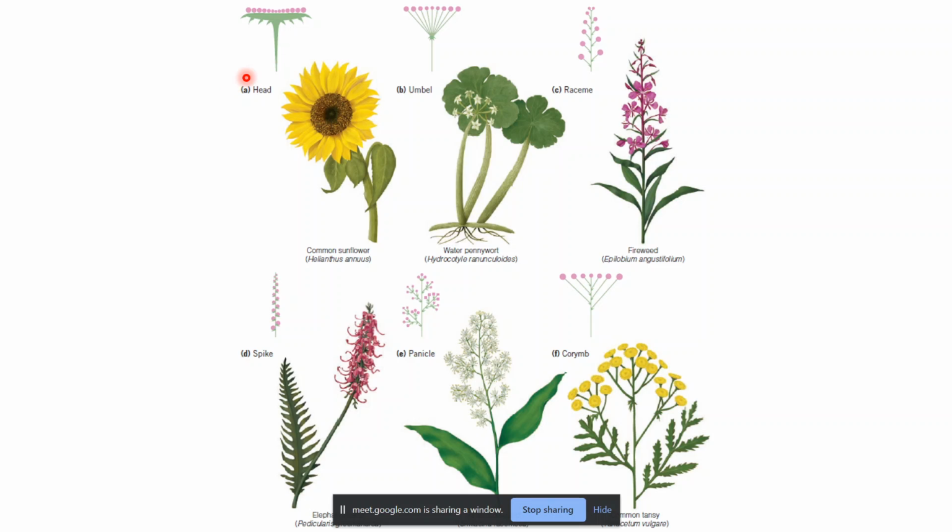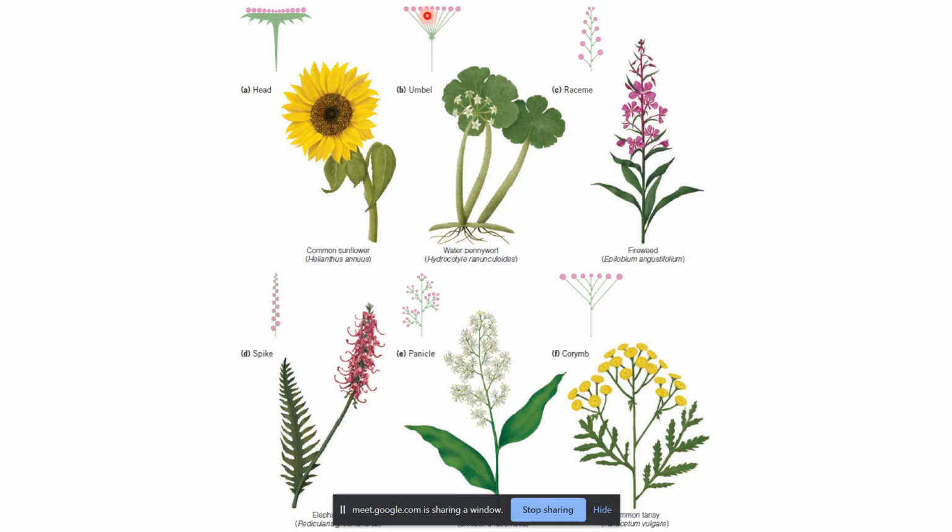And the head inflorescence is when the flowers are located on one common receptacle. Umbel is umbelliferum, formed like an umbrella.